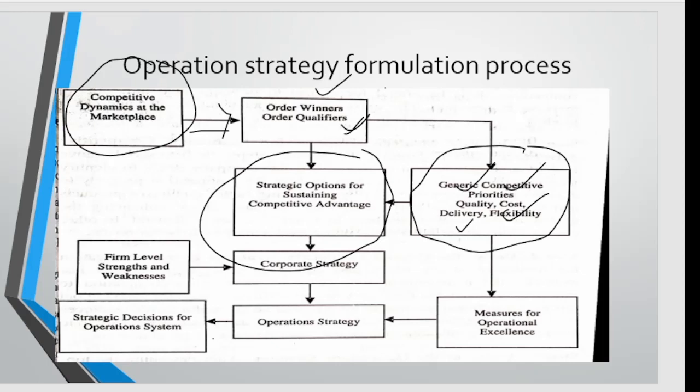After that, we produce our corporate strategy, to deal with our competitors or in manufacturing our goods and services. The operation strategy, also the corporate strategy, considers our firm's level of strength and weakness, that's your SWOT analysis.